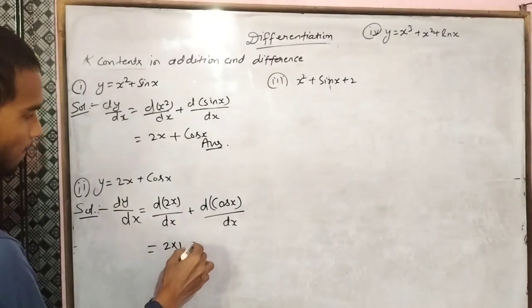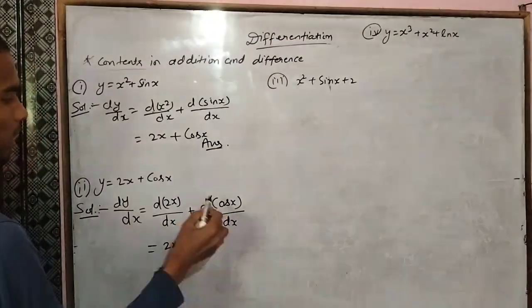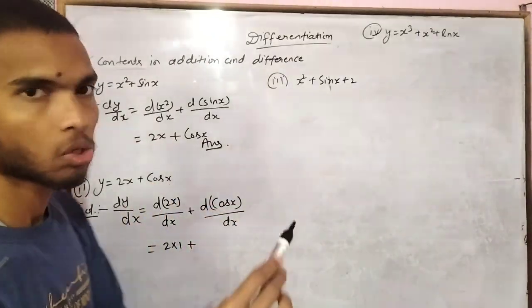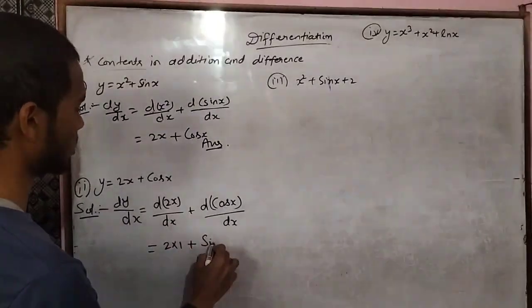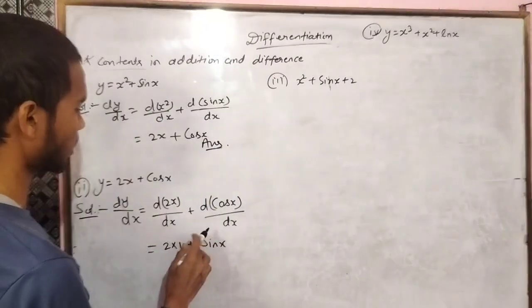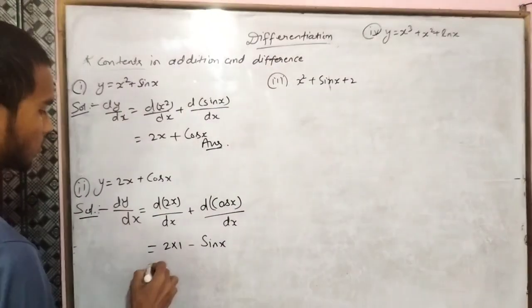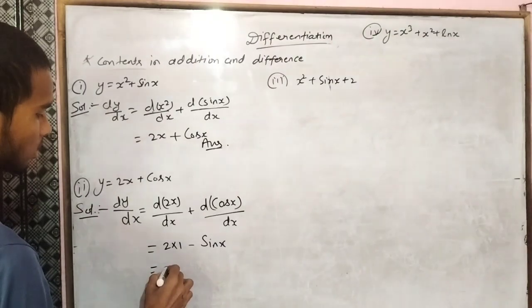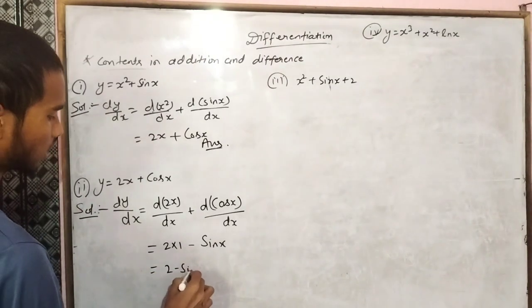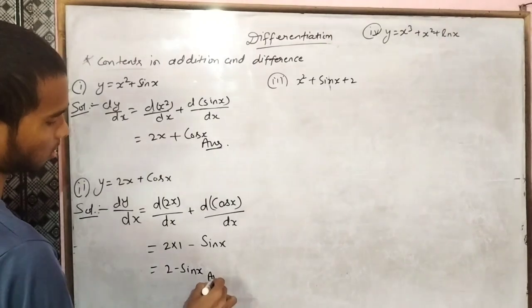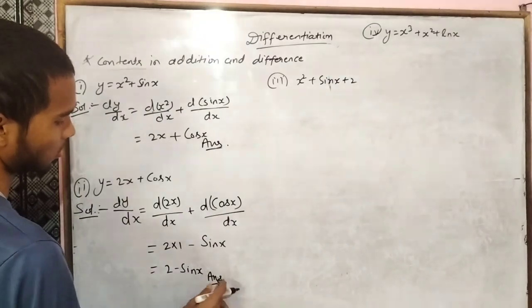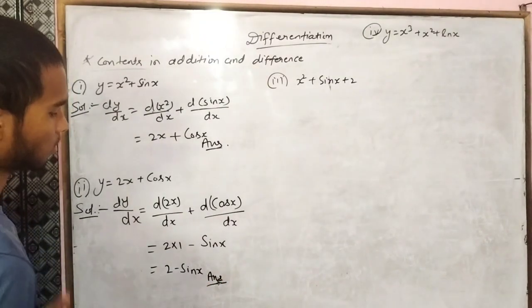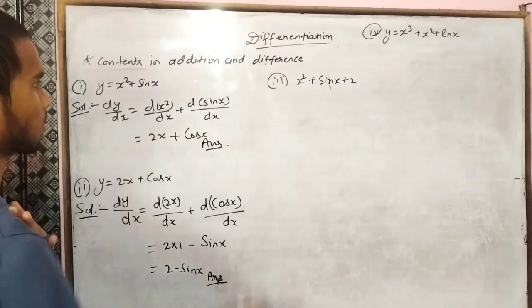Then we have cos x, then sin x, minus sin x, so we have 2 minus sin x. This is the answer. Got it?